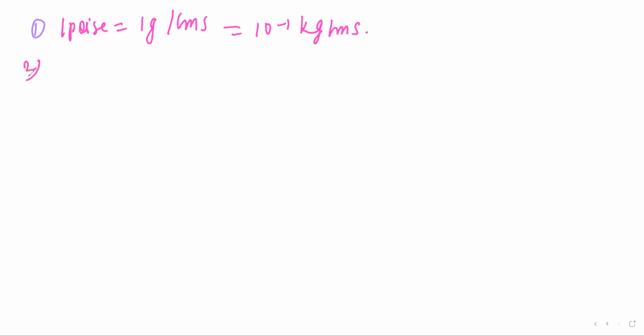Right. Next point is, the greater the viscosity, the more slowly the liquid flows. So when eta is greater, the flow of liquid is slow.